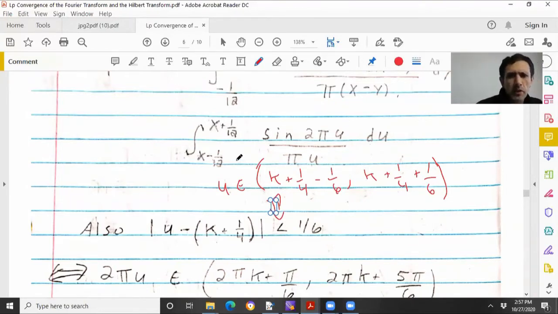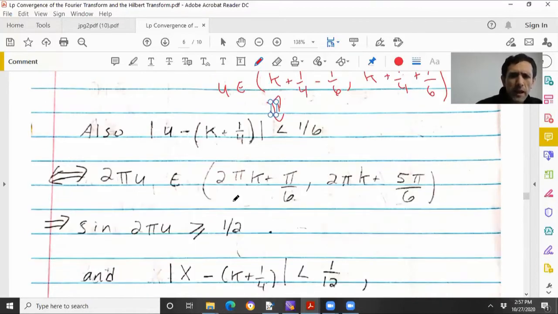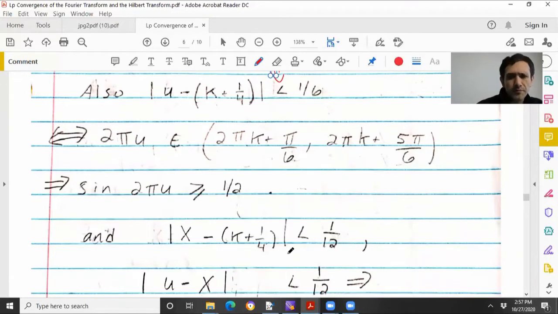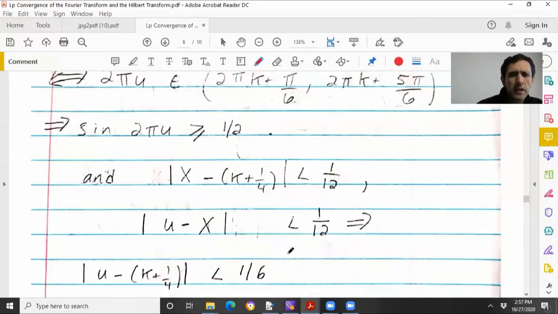Well, this is not particularly hard. As long as both of these are true, just use triangle inequality, and we get the absolute value of u minus (k plus 1/4) is less than 1/6.